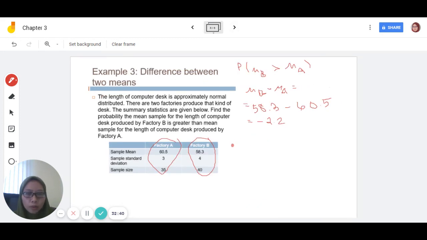According to that formula, the variance of B minus A is 3 to the power of 2 divided by 35, plus 4 to the power of 2 divided by 40. You calculate this and you get 0.65657.